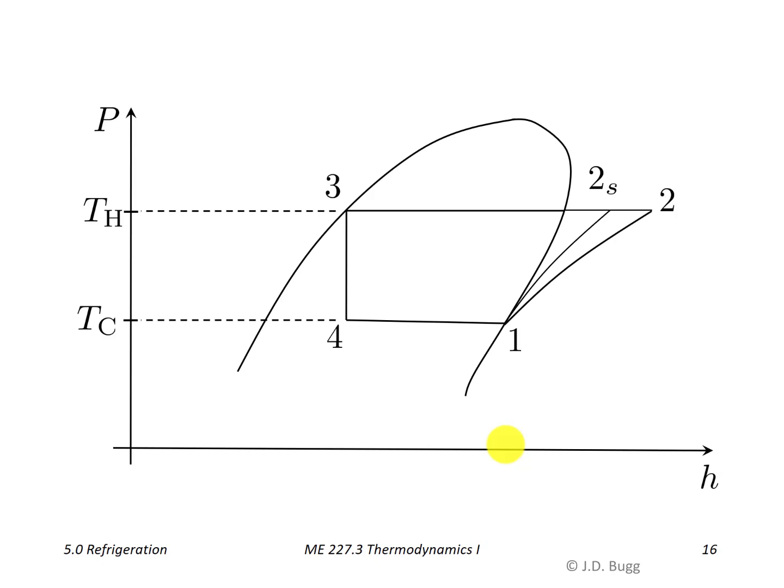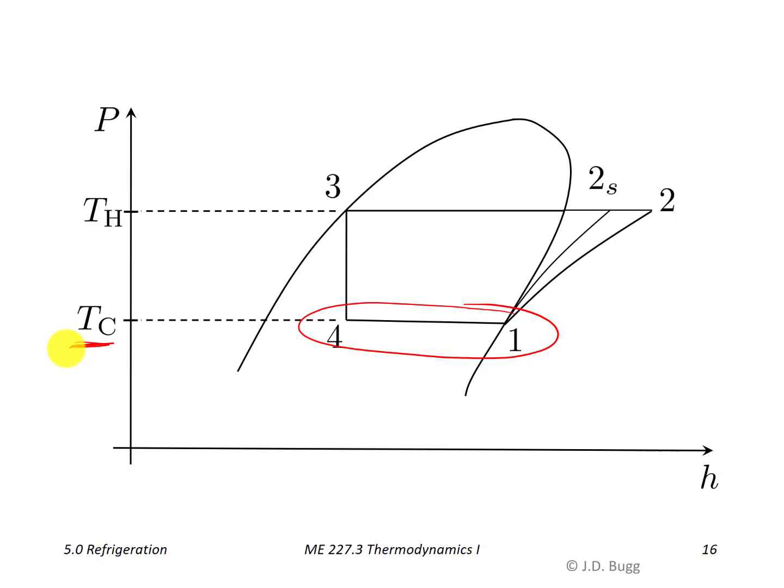So this means that inside of the evaporator, for instance, the temperature of the refrigerant is Tc. Well, we need to realize that we need to get heat to flow into the refrigerant inside of the evaporator. So the direction of heat flow needs to be from the surroundings into the system as we go through the evaporator.